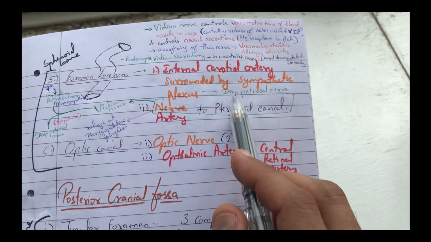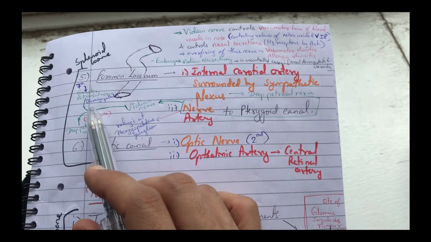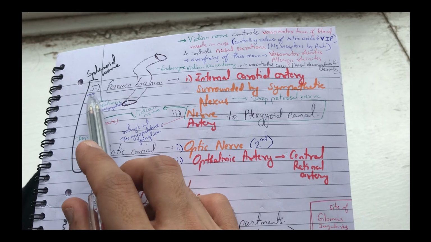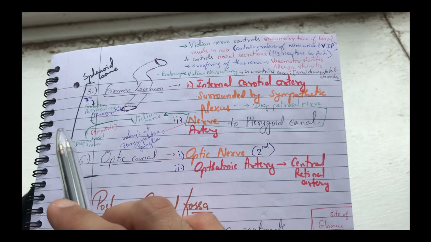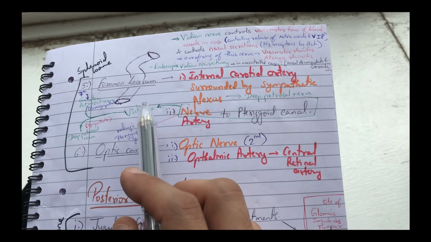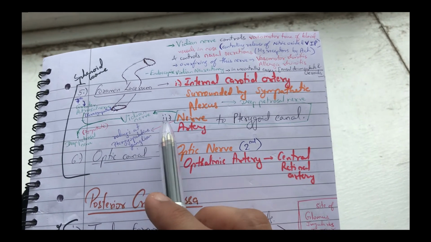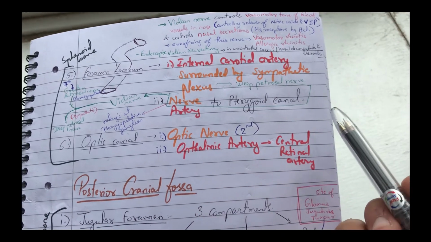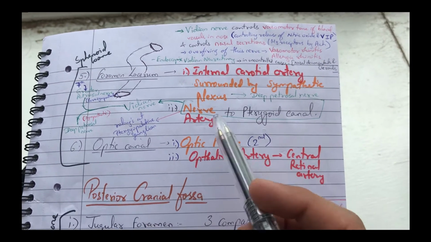Okay, now this deep petrosal nerve, in conjunction with the greater petrosal nerve coming from the facial nerve through the geniculate ganglion, merge together to form the vidian nerve, which is also called the nerve to the pterygoid canal or nerve to the vidian canal, whatever you like.